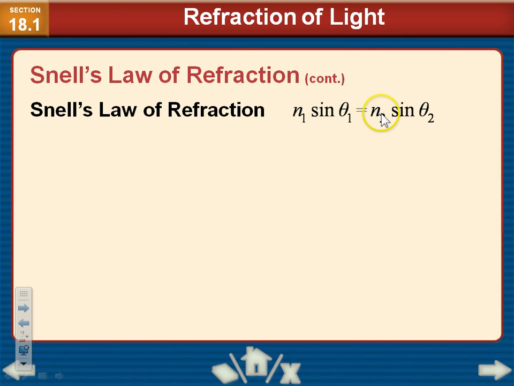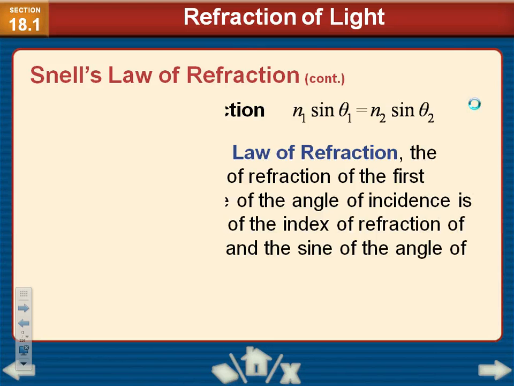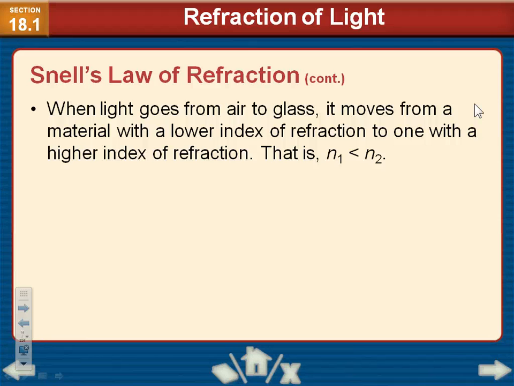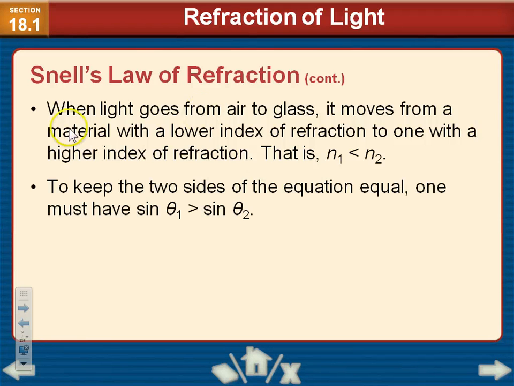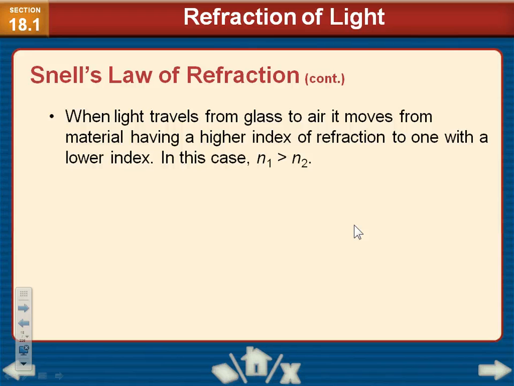For instance, if the index of refraction goes up, then the angle has to decrease. So that's Snell's law. Again, if n2 is bigger than n1, then the angle is going to change, and therefore the sine of the angle is also going to change. Bent towards the normal.